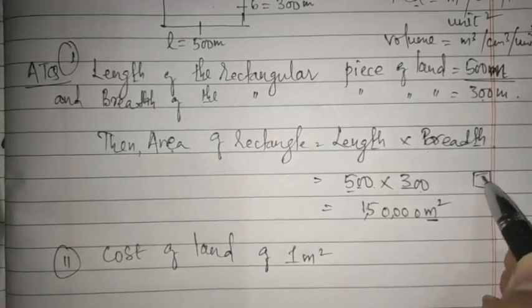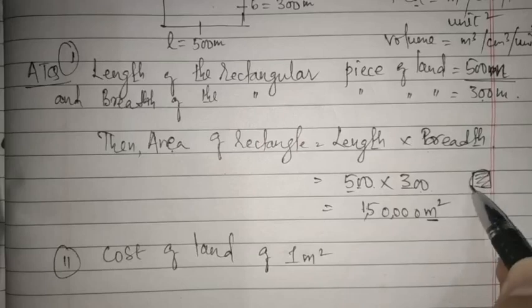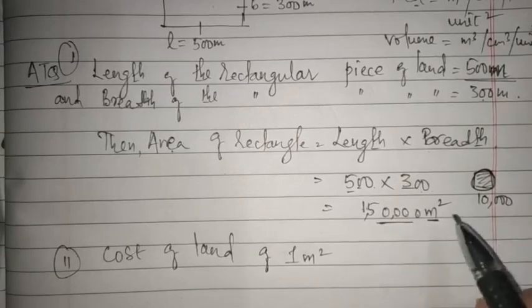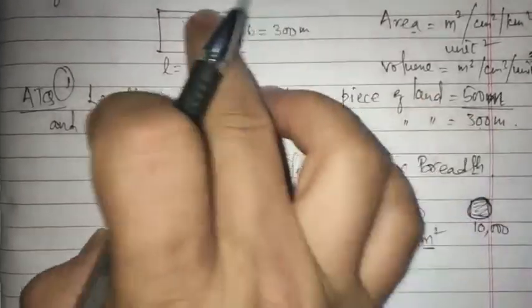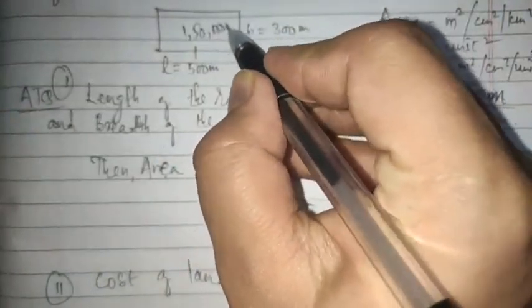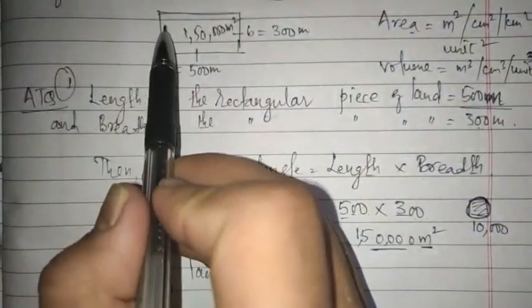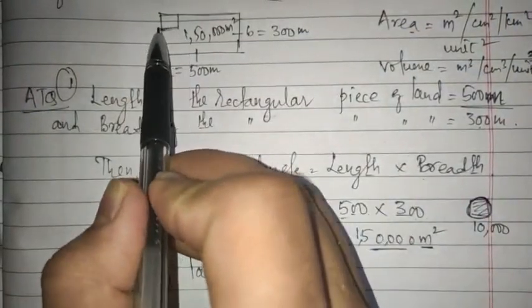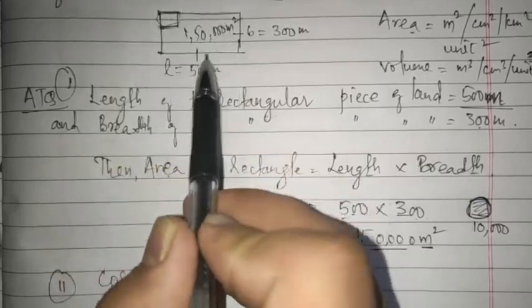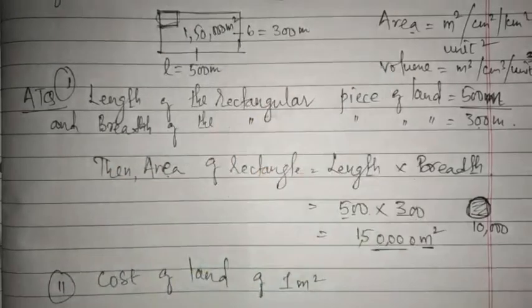This 1 meter square area costs 10,000. Then what is the total area of this field? It is 1,50,000 meter square. If this 1 meter square part costs 10,000, then what is the total cost of this land? That you have to find.